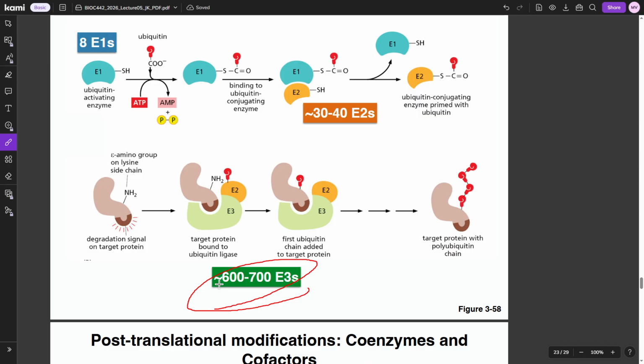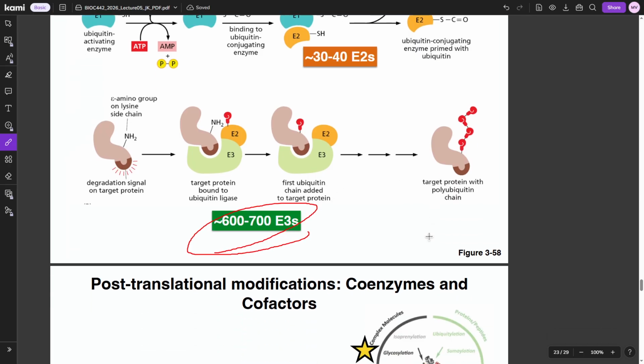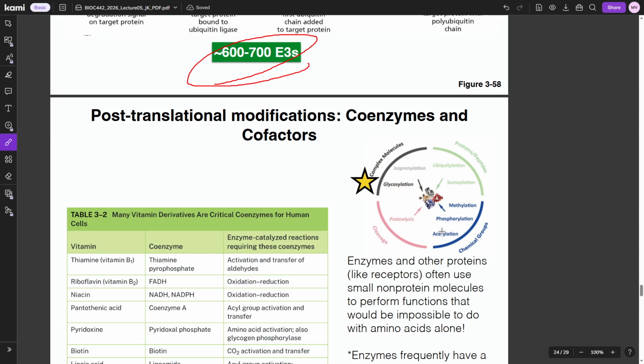They have to be specific for the protein they want to ubiquitinate. If E3s were general, they would ubiquitinate everything, a lot of things might get degraded, and proteins would get put in places they're not supposed to be. So, all sorts of problems.